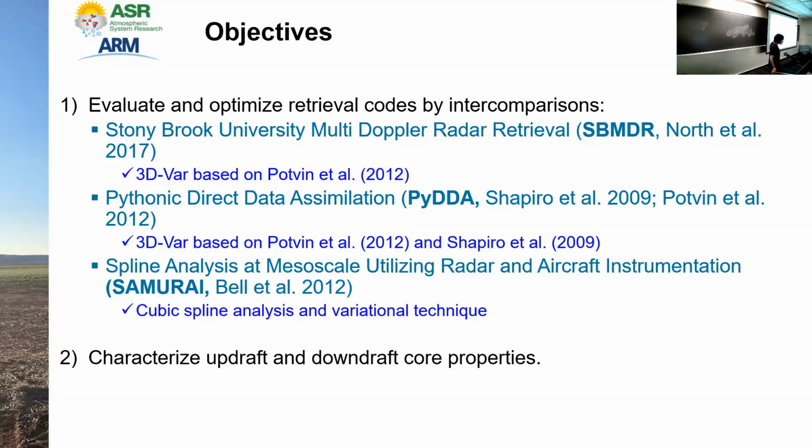The first two codes are very similar, using the same core product, the 3DVAR code. The third one is a very different technique developed by Bell at CSU. This is the spline analysis for the aircraft and radar observation, named the SAMURAI code. The second objective is more for science purposes, to characterize updraft and downdraft properties by the postdocs and the students.